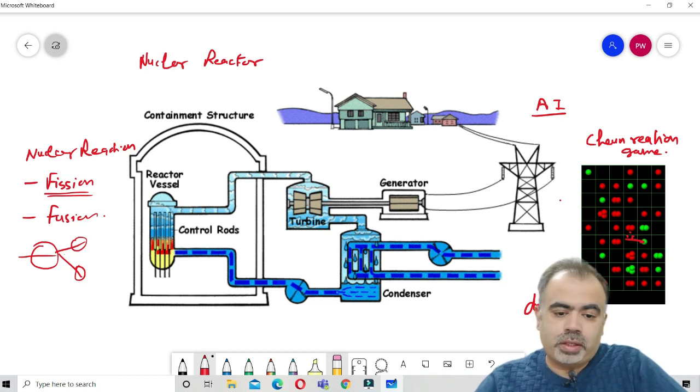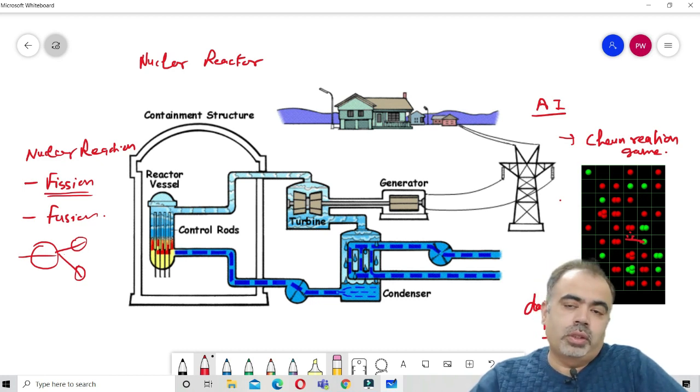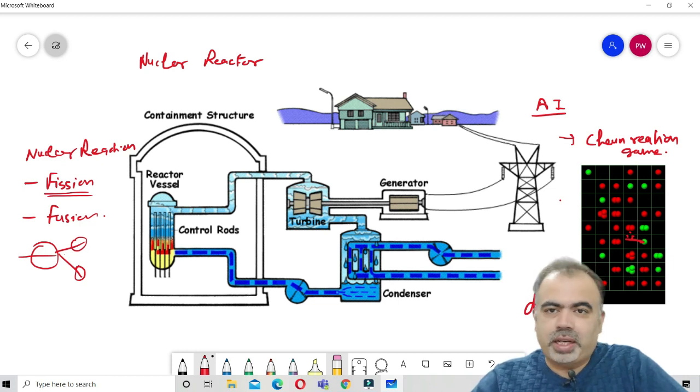So ultimately what I want to mention here is that the chain reaction game is a sort of model for optimization strategies for plants or for any machines.